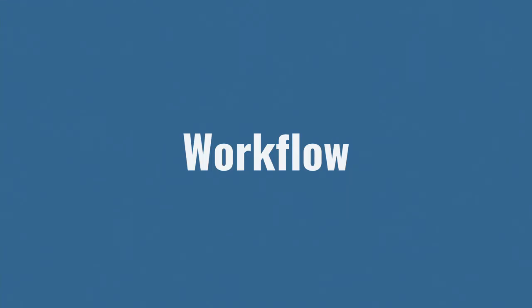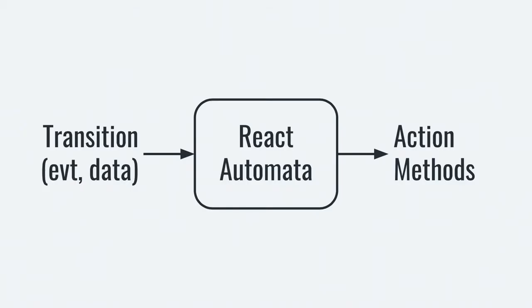So the workflow, when you work with state machines and React Automata, it's even simpler. So you send the transition with event and some data. React Automata uses xState under the hood to calculate the next state, and xState is going to give back an array of actions, and React Automata is going to fire all the methods in the component that have this action name.